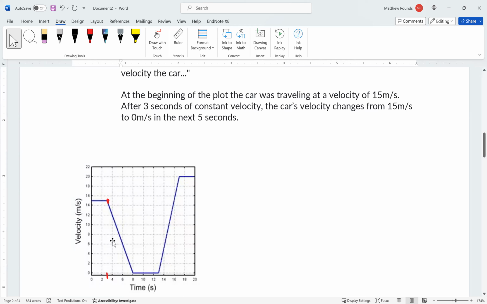All right, now how is what I'm showing down here from 8 to 13 similar to the graph here from 0 to 3? What's similar about the graph?